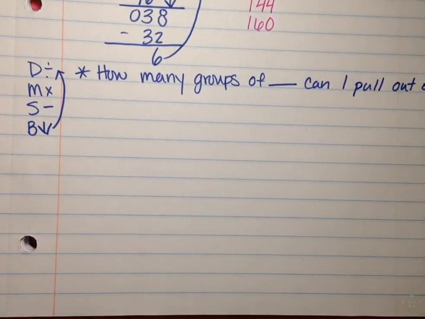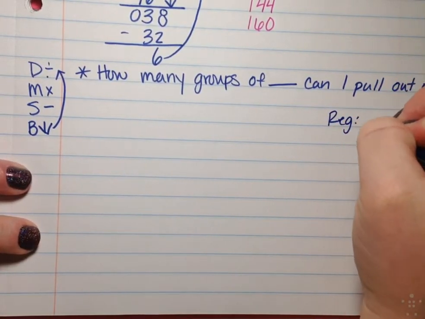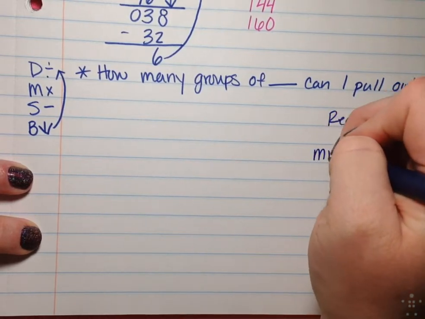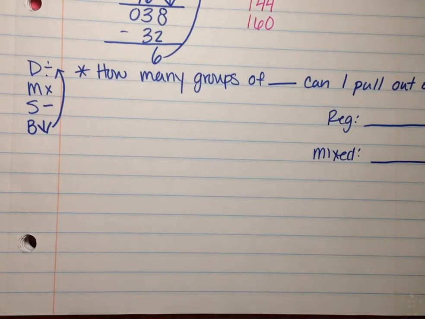Remember, you're going to give a regular remainder and a mixed number as your answer.